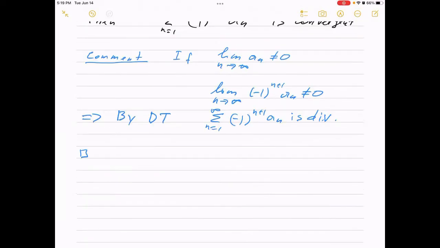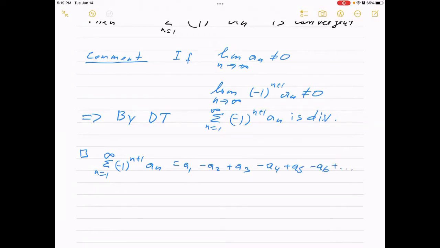Now let's get an idea why we get that alternating series test. Firstly, let's look at our series, the sum of (-1)^(n+1) a_n, n from 1 to infinity, that is a1 minus a2 plus a3 minus a4 plus a5 minus a6 plus and so on.